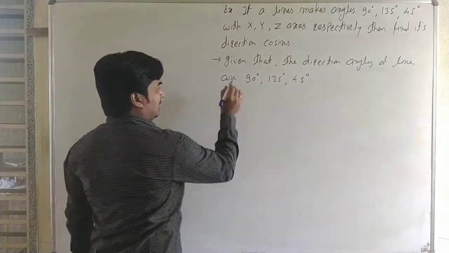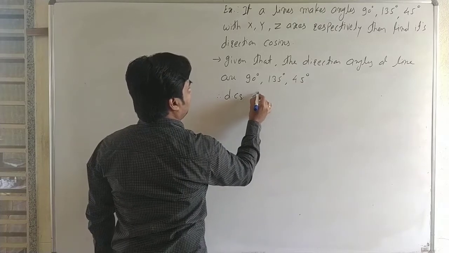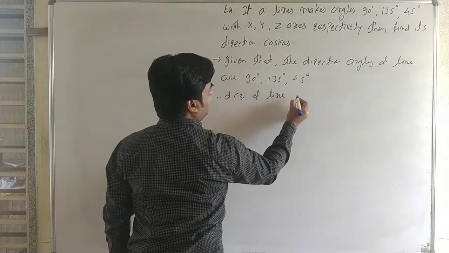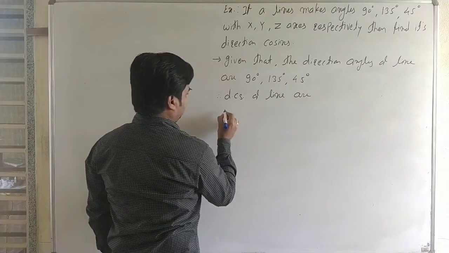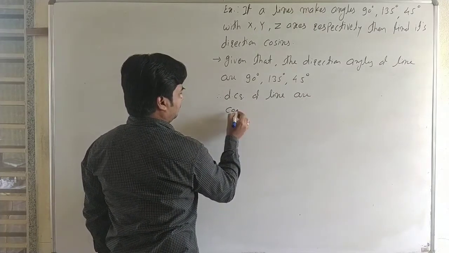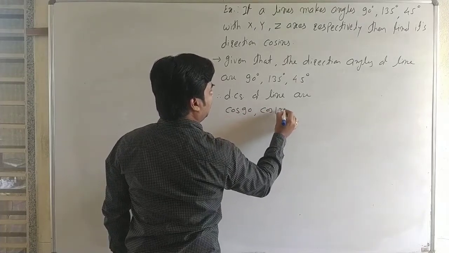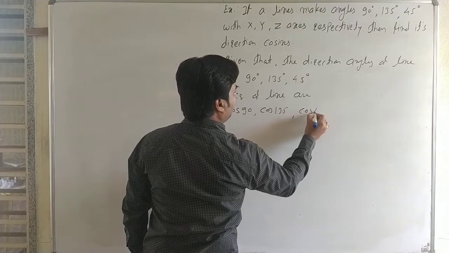Therefore the direction cosines of the line are cos 90, cos 135 and cos 45.